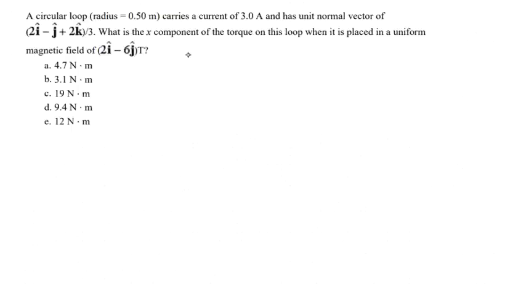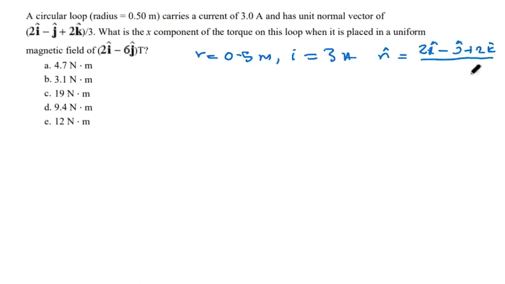We're given that the radius r is equal to 0.5 meters, and the current I is equal to 3 amps, and the unit vector n is given as (2i minus j plus 2k) divided by 3.